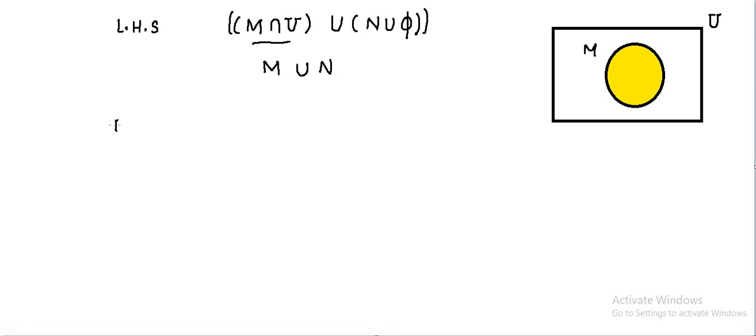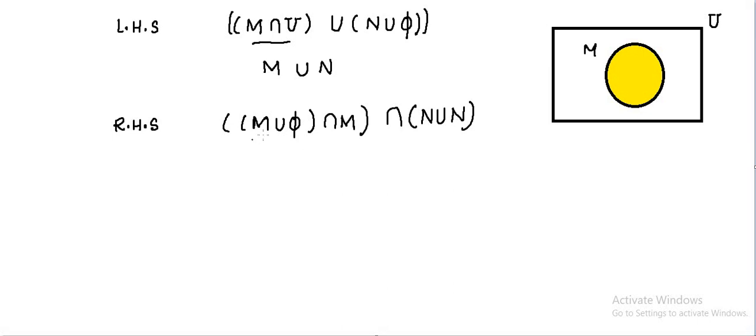Let's simplify the right hand side now. Here it is written M union phi intersection M intersection N union N. We know that when we take union with an empty set, the same set is obtained. So M will be here.